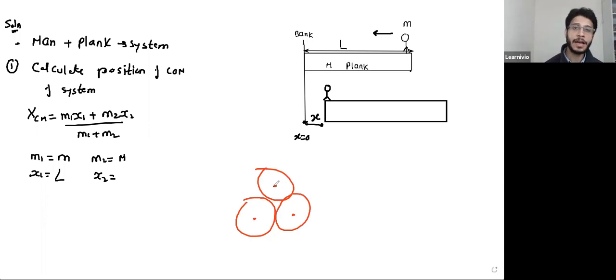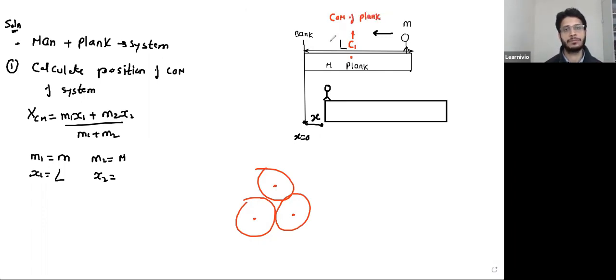Then we calculated the center of mass of all 3. Just like spheres, the rod is not a point mass. I will first replace the rod by its center of mass, C1. This C1 is not the center of mass of the system. This C1 is the center of mass of the plank only.